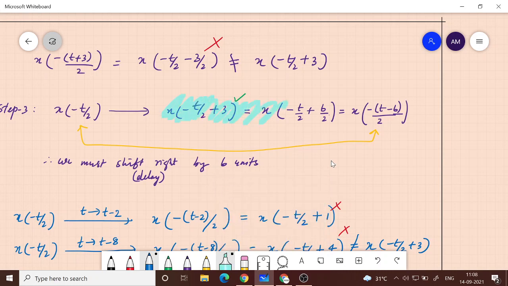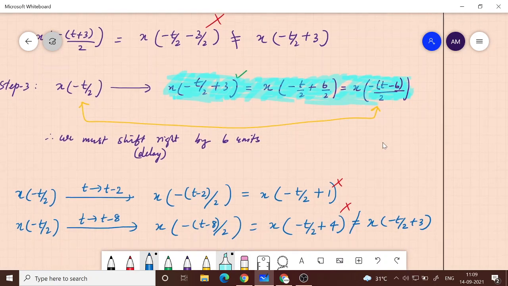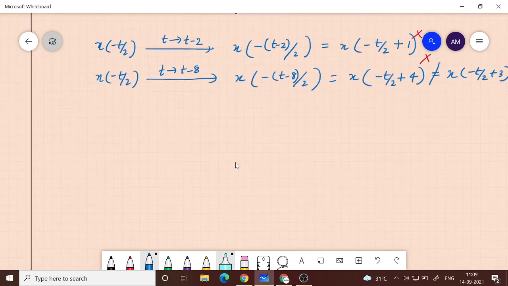Okay, so this step you have to find out. You see that I started with the answer here. This was what we wanted, and then I rearranged it in such a manner to get the right amount of shift. So that you have to do. Clear?